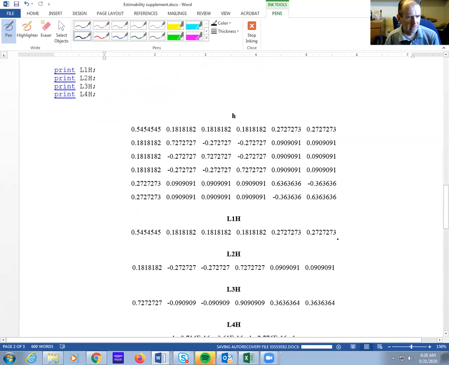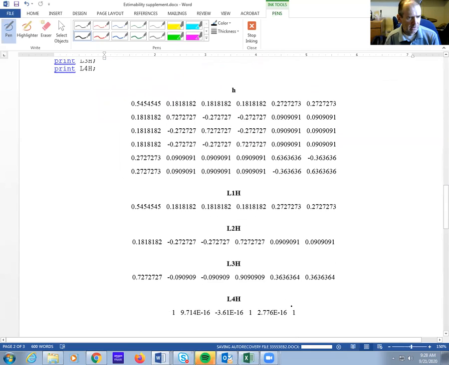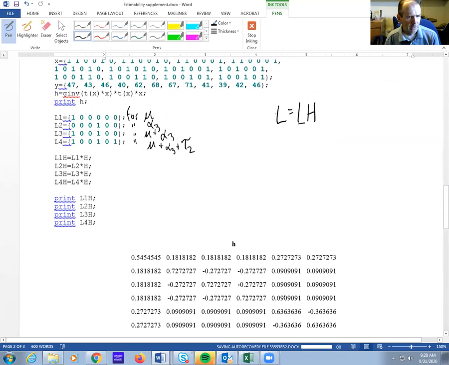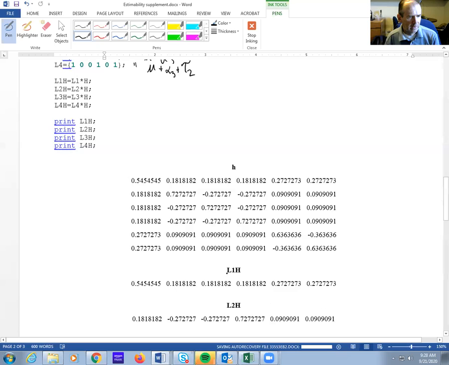This is what we get here for L1 times H, L2 times H, L3 times H, and L4 times H. So for each case, you compare LH with L. L1 was, I'll just write over here what L was: 1, 0, 0, 0, 0, 0. So the question is, are those equal?